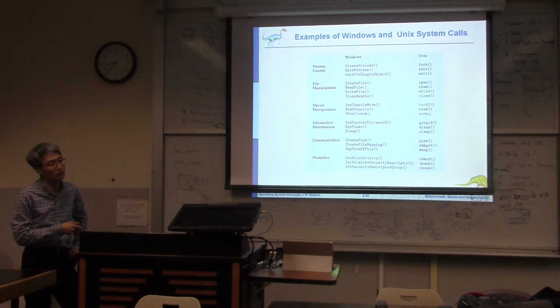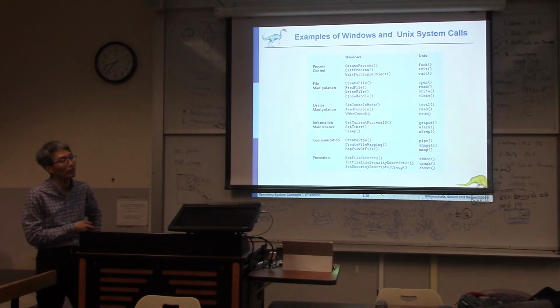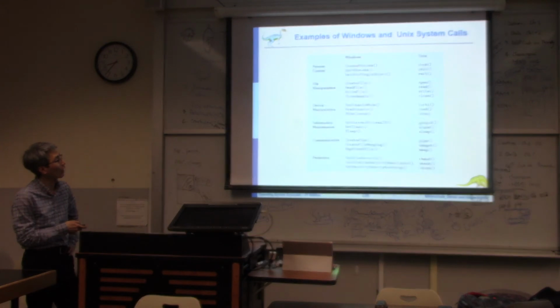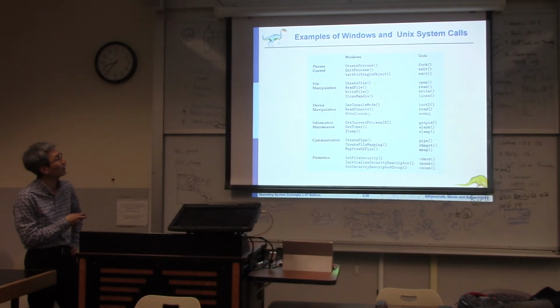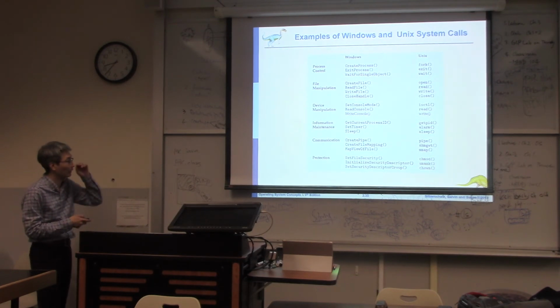Most of the time it's TCP/IP communication, but you can also use pipe. We will see more details in chapter 3, what the communication methods are and how to create the process. And for file manipulation, you can use system library such as open, read, write, and close. Windows provides the same thing but differently, but you can understand what they are.